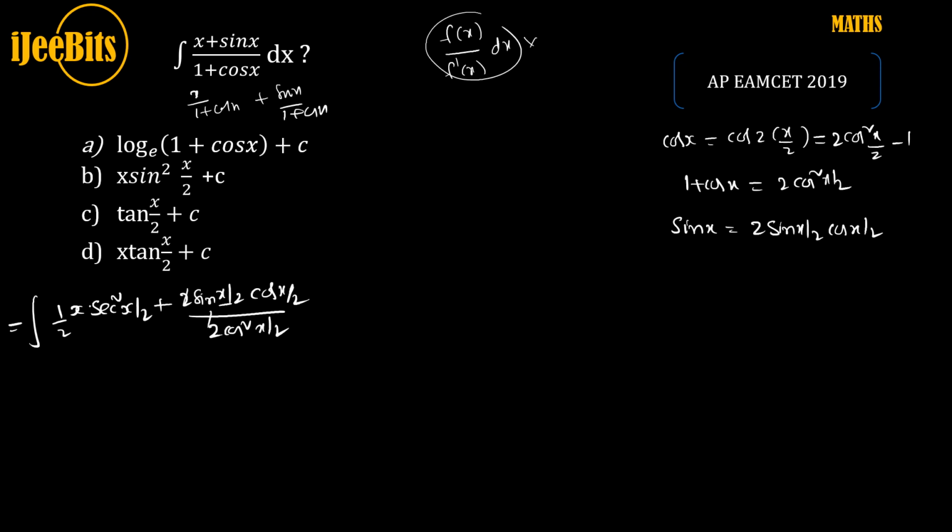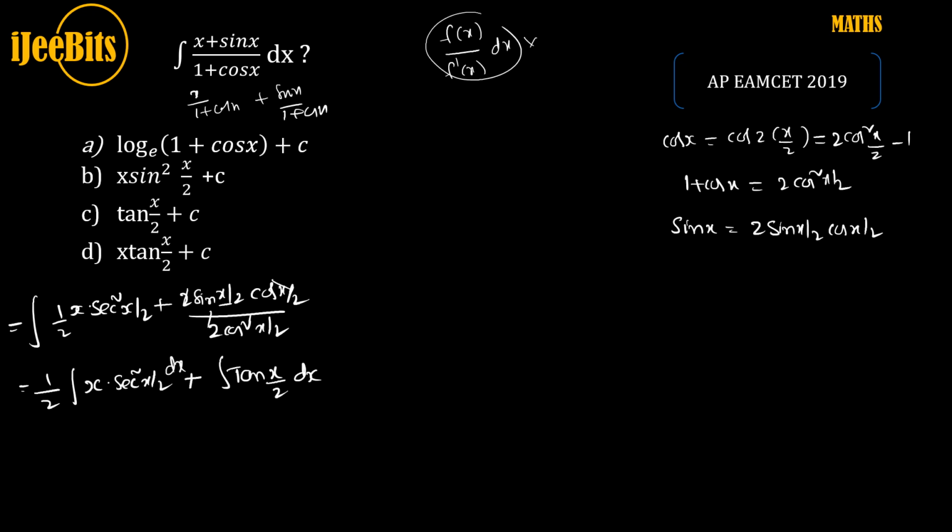So that's one portion done. Then 1 by 2 out, integration of x secant square x by 2, plus how much will this be? Integration of tan x by 2 dx.